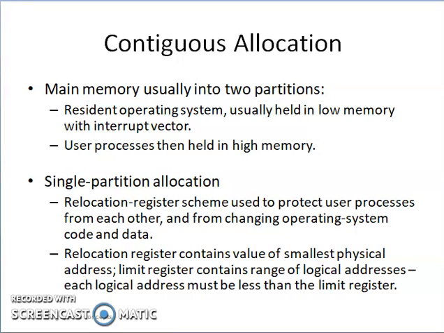Each PCB that is allocated to a process in the main memory has a base register pointing to the location in the memory where the PCB is going to start. And then there is a total size of that block which is allocated to the PCB, and that is stored in the limit register, and the last address of that block is calculated by adding the base register with the limit register.